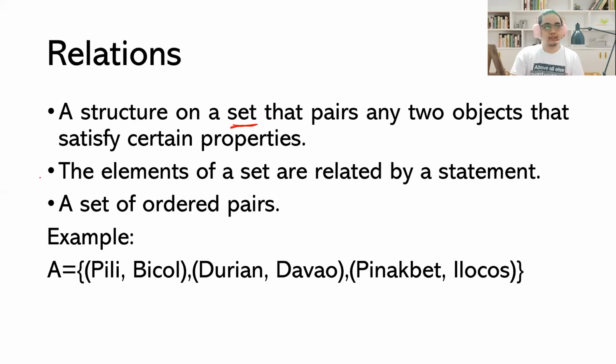The first elements are foods, while the second elements are places. Each pair has a relationship: Pili is famous in Bicol, same as Durian to Davao and Pinakbet to Ilocos.